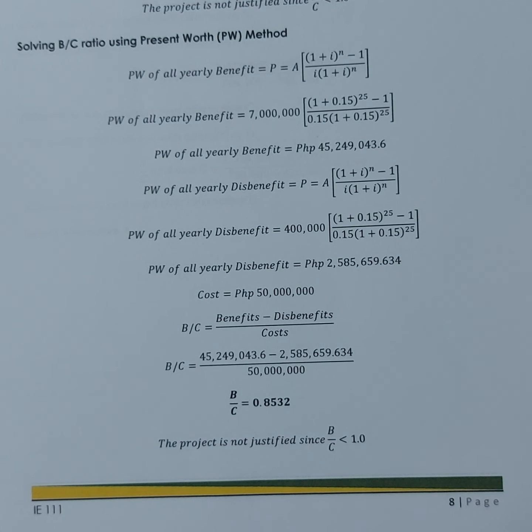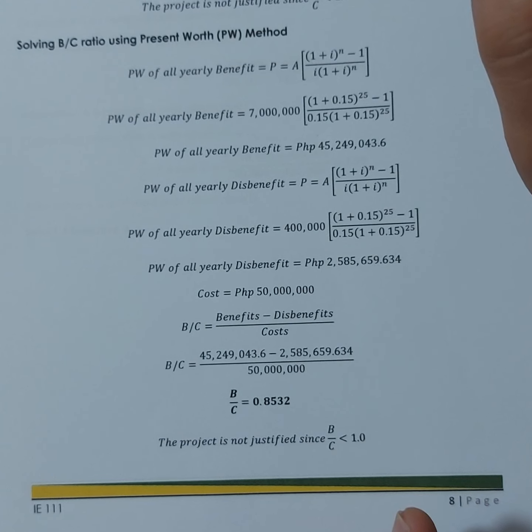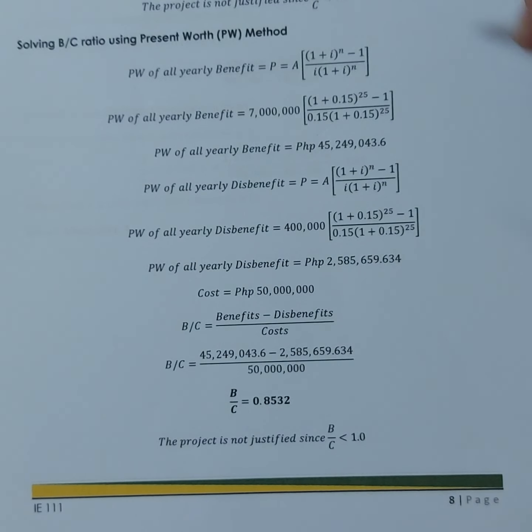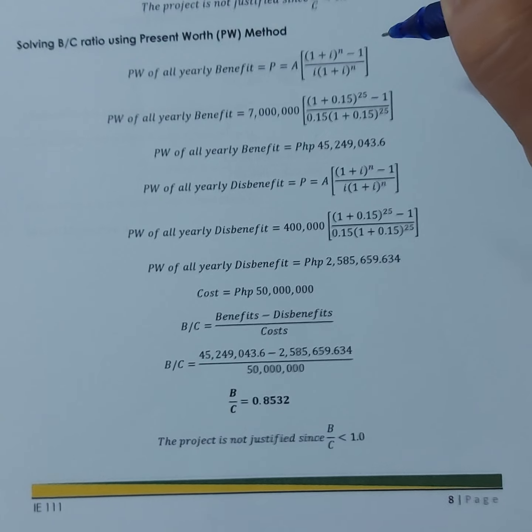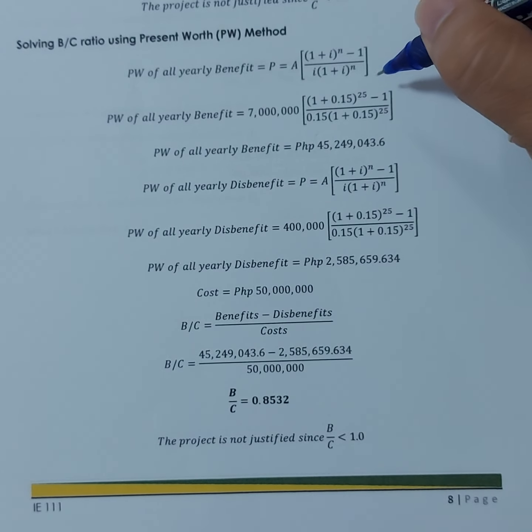So, lahat ng annual benefits, i-convert natin sa present worth. Yung initial cost for construction, nasa present worth na yun, so we don't need to convert that. So first, kunin natin yung present worth ng lahat ng yearly benefits.